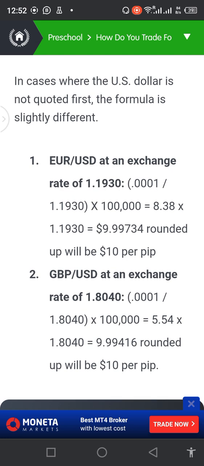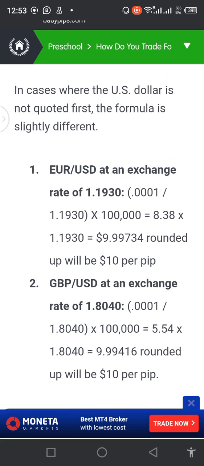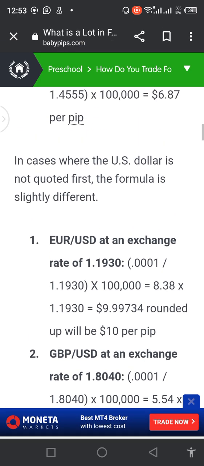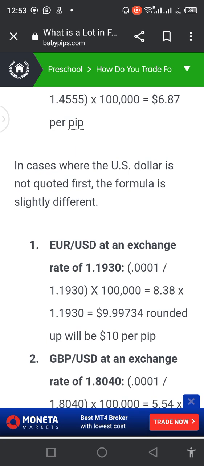So you first multiply the rate with the standard lot size, and you get the answer. After getting the answer, you still multiply the answer of 8.38 times the standard rate of that particular pair, that is 1.1930, then you get the actual answer.